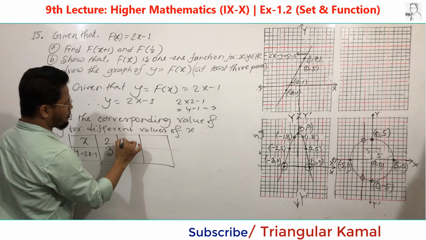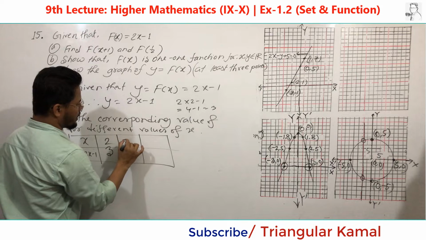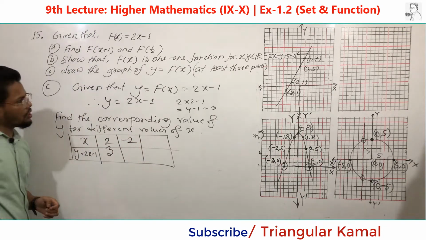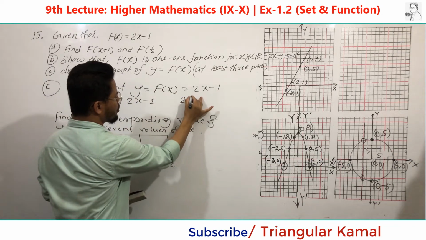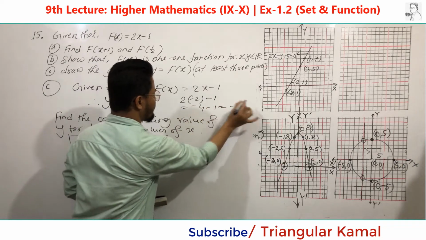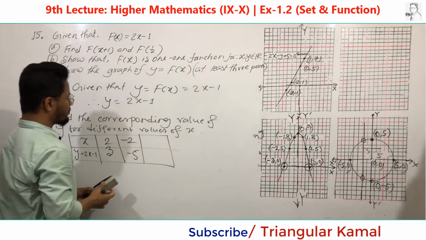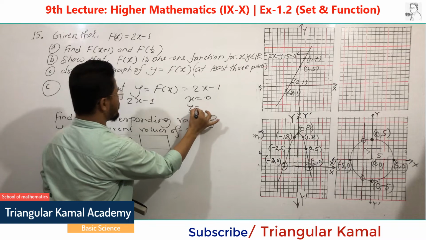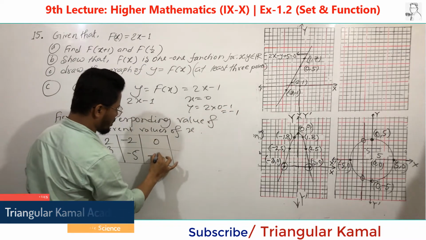When x equals minus 2, y will be 2 times minus 2 minus 1, equals minus 4 minus 1, equals minus 5. When x equals 0, y will be 2 times 0 minus 1, equals minus 1.